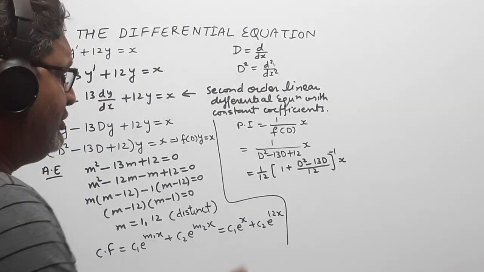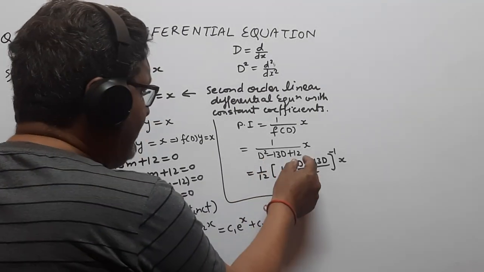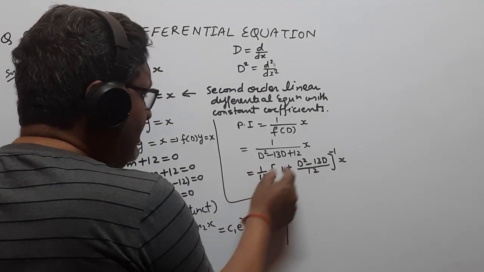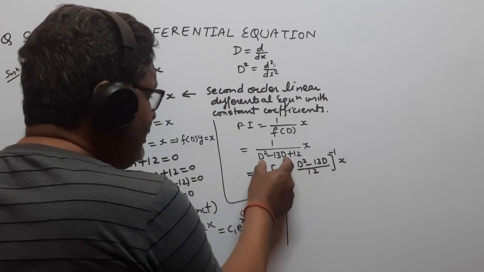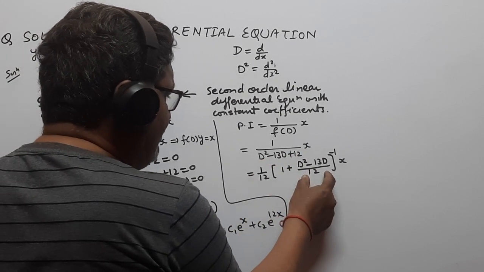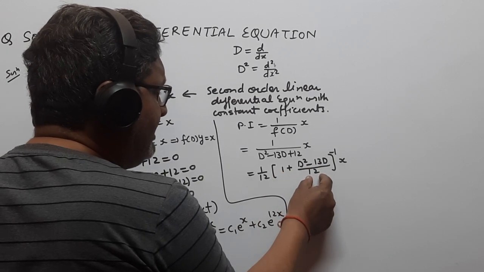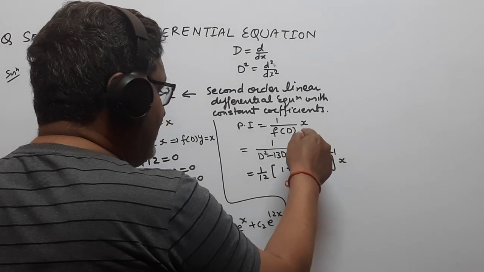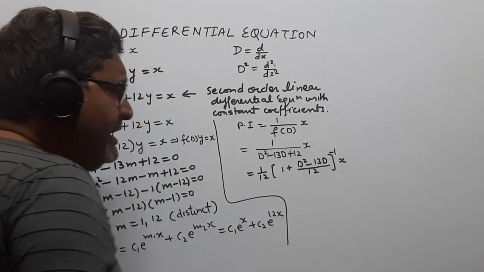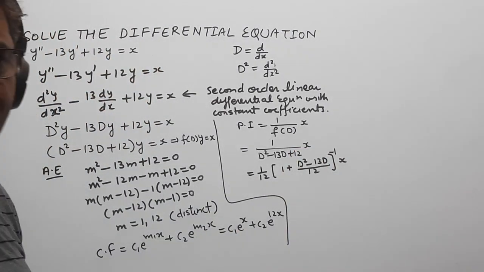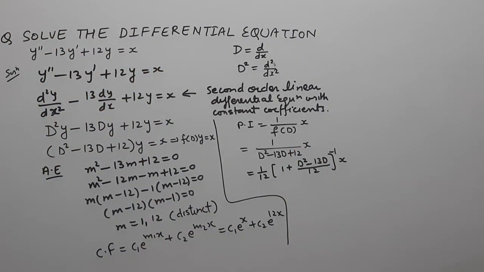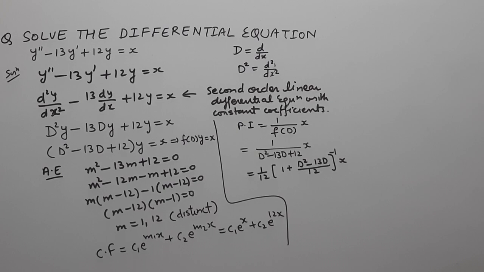When we take 12 common in the denominator, we get D square minus 13D divided by 12. So this will be 1 plus D square minus 13D upon 12, and when we take it to the numerator, the power will be negative. Now we use the expansion of 1 plus x whole power n.